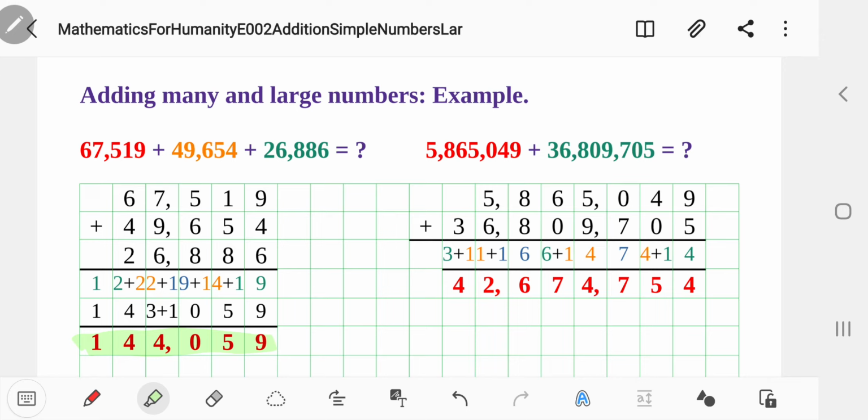And then when you add 5,865,049 plus 36,809,705, you will get 42,674,754 through the method that we used to add in the previous example.